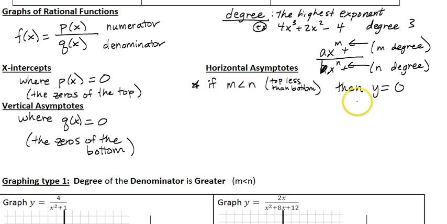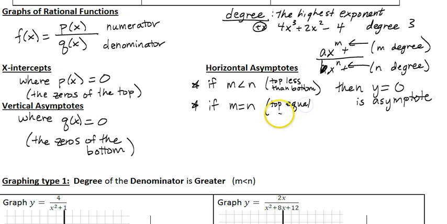So every single time the top degree is less than the bottom degree, y equals 0 is the asymptote. Second piece of information, if the top degree is equal to the bottom degree, then y equals a over b is the asymptote.